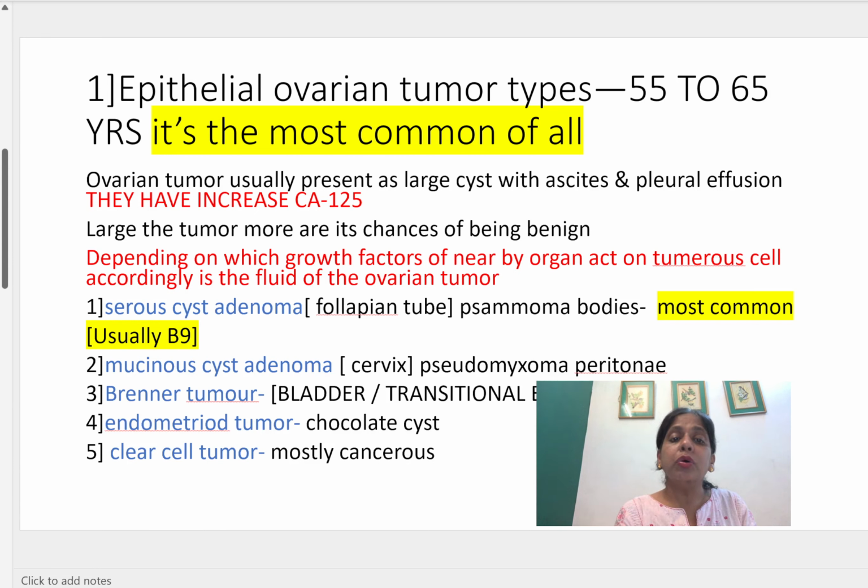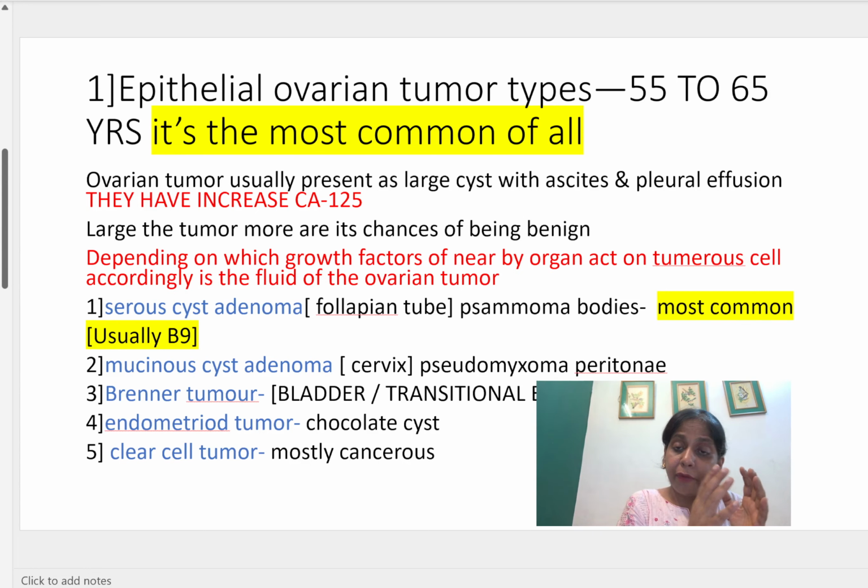Okay, so now see something. You all know that the ovary or the ovarian epithelium is in touch with different organs in the peritoneal cavity. It is in touch with the fallopian tube, the cervix, the bladder, the endometrium, right?